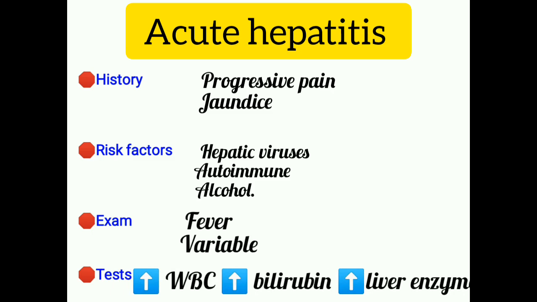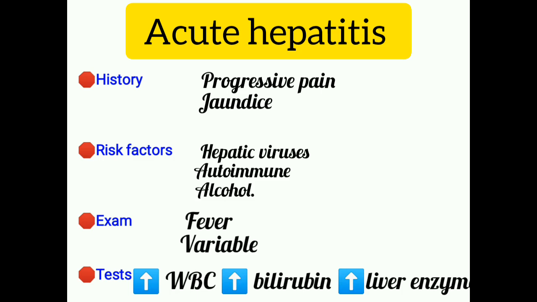In laboratory tests, we will find elevated WBC, but the characteristic feature among the four causes of right hypochondrial pain is a high level of AST and ALT; alkaline phosphatase is also high, and bilirubin is also high. If you suspect acute hepatitis, you must order viral serology to know the cause.